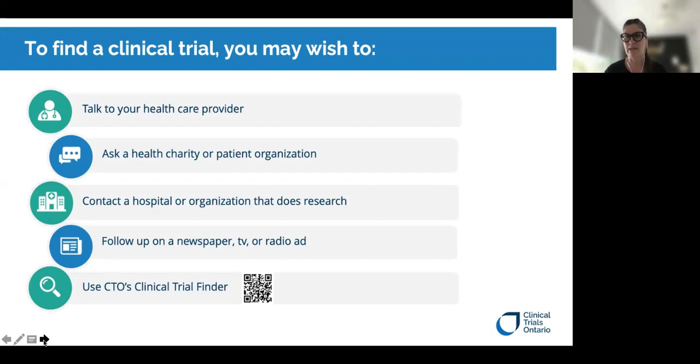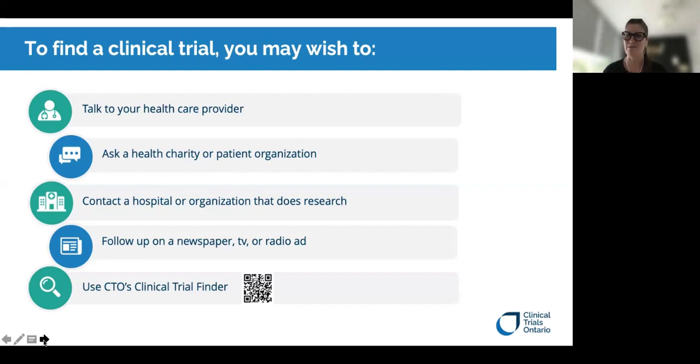One option might be to talk to your healthcare provider, probably your specialist, in the case of pancreatic cancer. In the oncology space, trials are often a little bit more familiar to providers than in some other spaces. So that might be a good option to start with, is to explore with a healthcare provider.